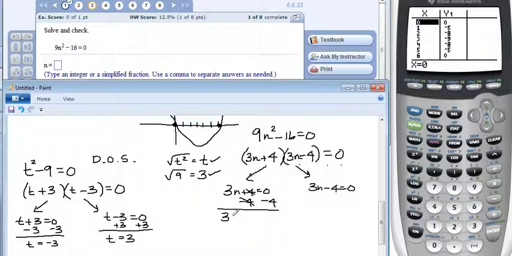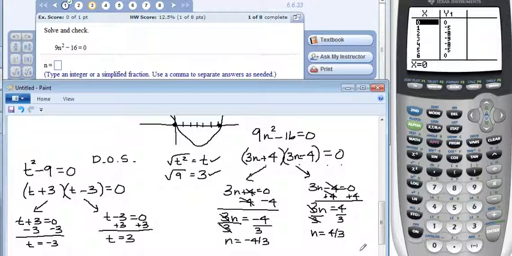So I've got 3n is equal to -4, and then I divide both sides by 3. So n is equal to -4/3. All right, I'm going to go here. I'm going to add my 4 across. So I've got 3n, this is canceling, is equal to 4. And again, I divide through by 3, and I have n is equal to 4/3.